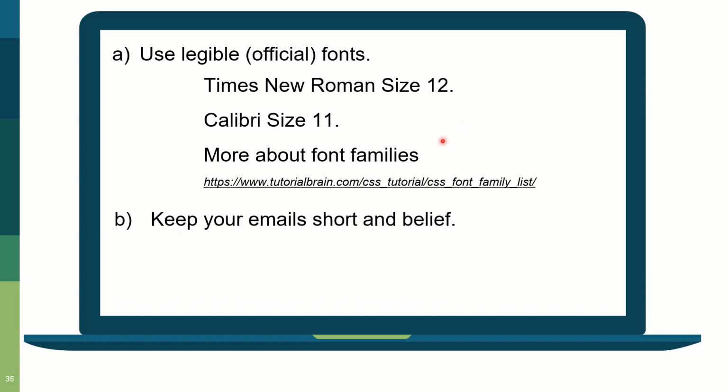Number two, keep your emails short and brief. I have mentioned this time and again: when you are writing your emails, try to make them short and brief. But at the same time, make sure that you communicate everything you wanted to communicate in your email, and avoid repeating yourself.